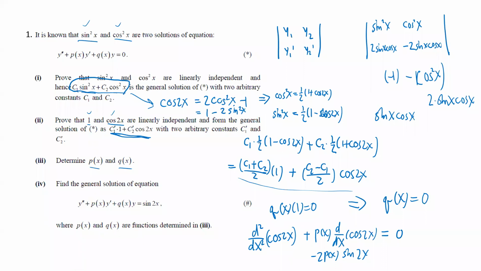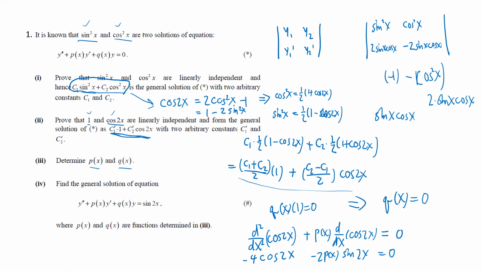And the first one, right? Take the derivative one more time. The first derivative is minus 2 sine 2x. Derivative again, it's minus 4 cosine 2x. These two have to add up to 0.